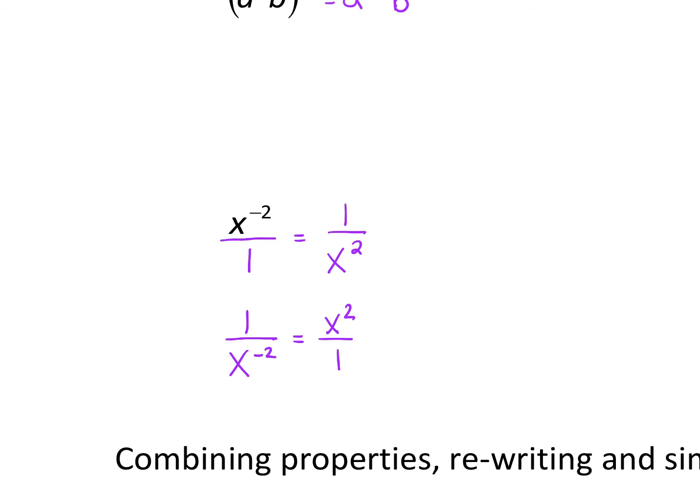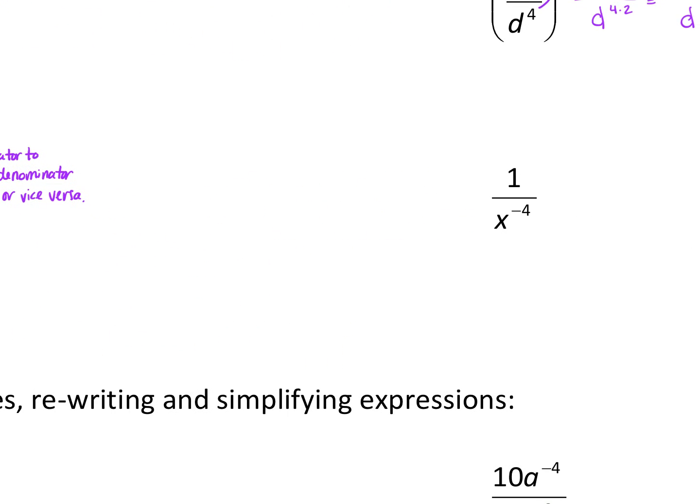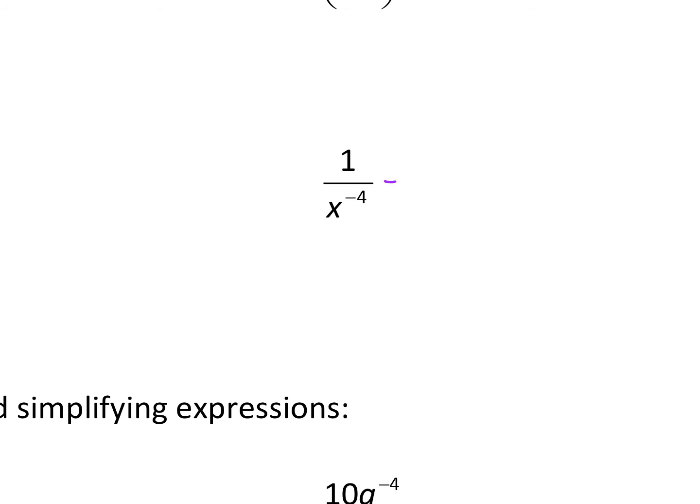So we have a negative exponent, it's going to change from the numerator to denominator, or vice versa. Oh, they did do one over here. So I have x to the negative 4 in the denominator, so it's going to become x to the positive 4 in the numerator. So we write that over 1, or we just know it's the same as x to the 4th.